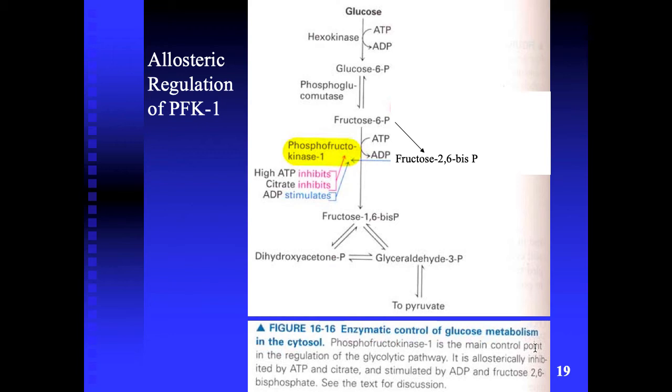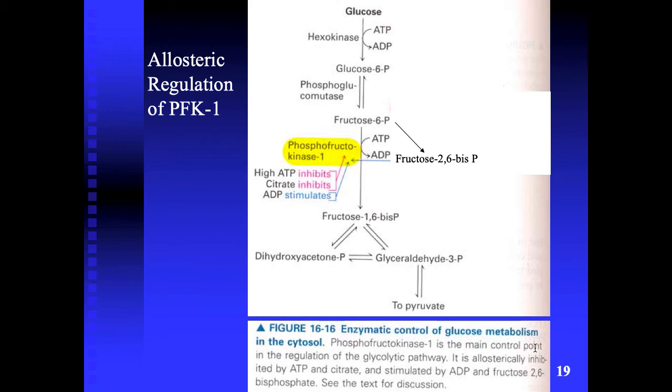Does that make sense? So you can memorize these, or you can ask, well, what should ATP do? Increase or decrease glycolytic activity? Who says decrease? Who says increase? Okay, 3-0. Great. Good poll turnout.